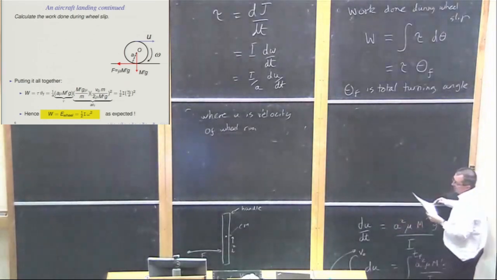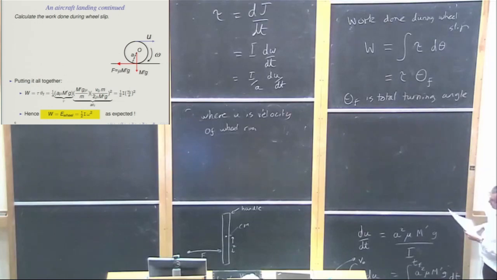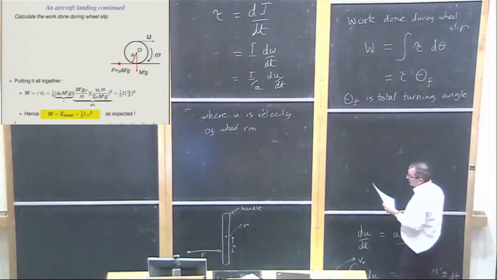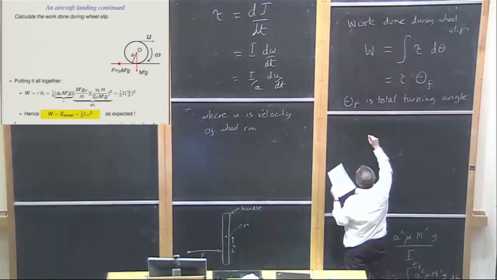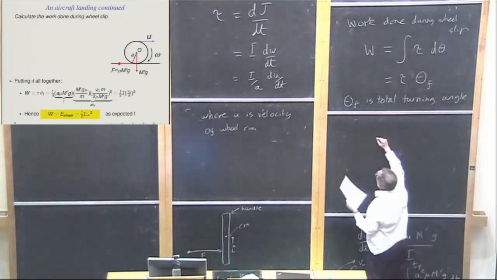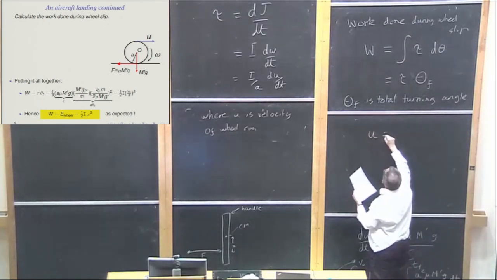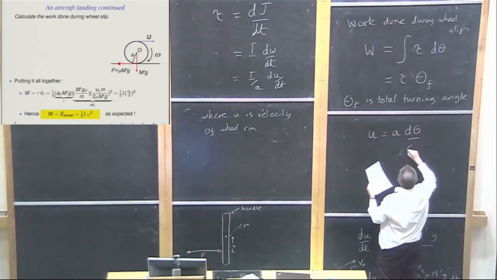So how can we calculate this? We need to work out what theta f is. We know what the torque is. So before we know that, we have an expression which involves theta, and that is just u equals a d theta by dt.